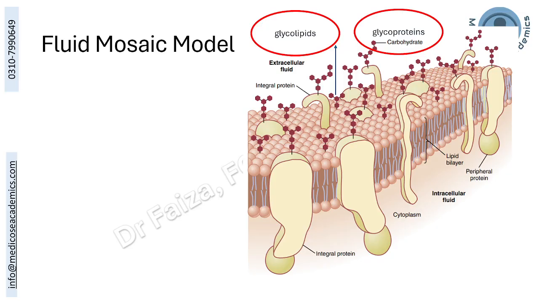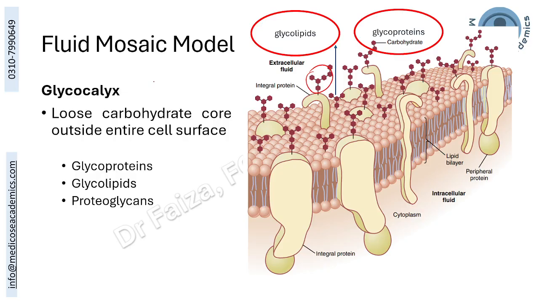As you can appreciate over here, the carbohydrates are shown like these hexagonal branches attached either to the lipids or to the proteins, glycolipids or glycoproteins. In combination, the loose carbohydrate coat outside the cell surface is known overall as the glycocalyx.